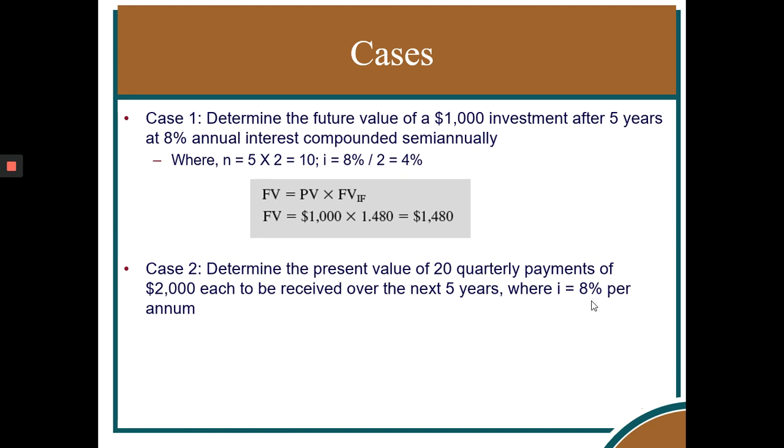Therefore, you need to change your annual into quarterly, which is 8% divided by 4, so equals 2%. So class, make an amendment here. It is supposed to be 2%. n equals 20, I equals 2%, 8 divided by 4.